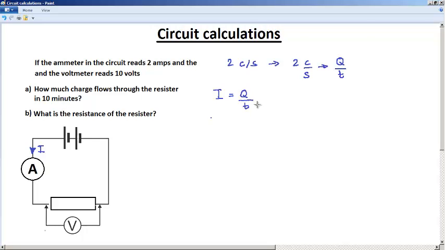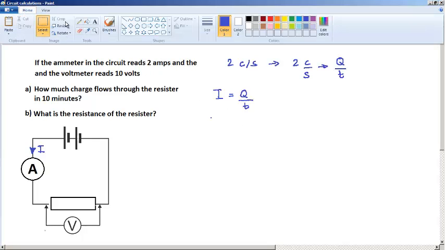Okay, but what we're going to do first of all, before we do anything else, we're going to rearrange this so that we've got Q on its own. And to do this, we're going to use what I call a calculation triangle. You've probably known these by other names, but they are very useful in helping us to rearrange equations.